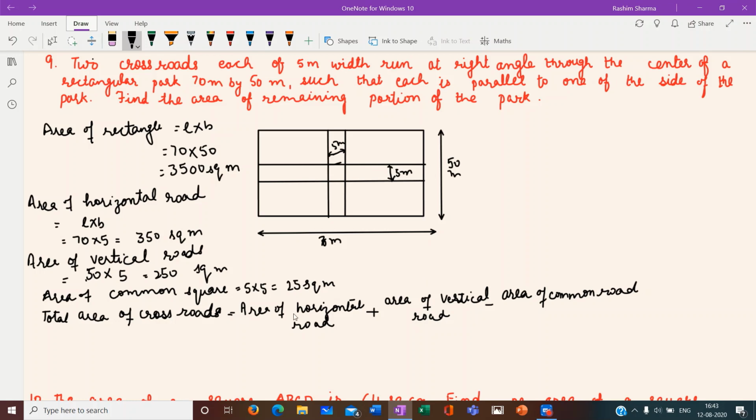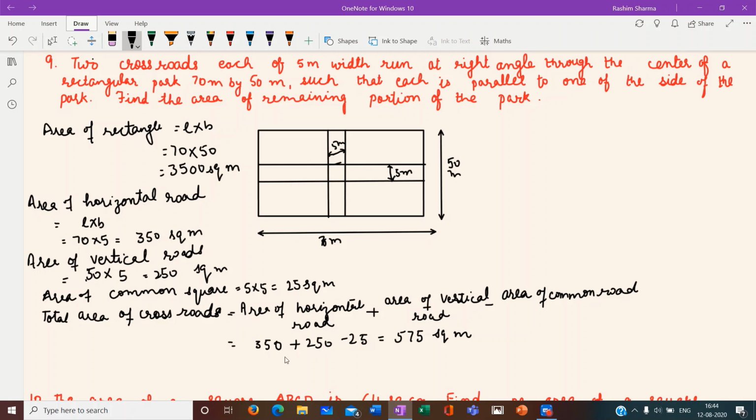So we can put their values here. The horizontal road has area 350 square meter, the vertical road has 250 square meter, and the common square is 25 square meter. So in total here we get 575 square meter as the area of roads.